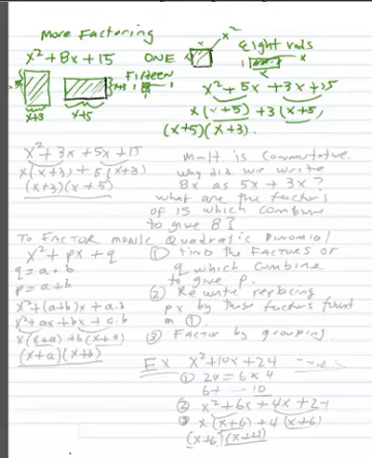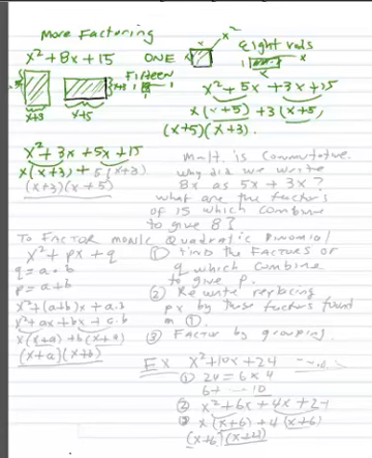And it doesn't matter how you rearrange the 8x, whether you write it as 5x and a 3x, like we did, or if you write 8x as 3x plus 5x. So if we have x squared plus 3x plus 5x plus 15, we will still get the same answer. The only difference would be when you group the first two terms together, you can factor out an x, and an x plus 3 is left over.